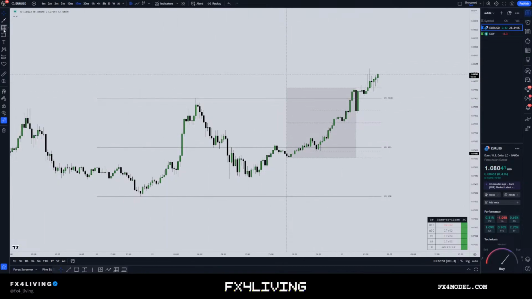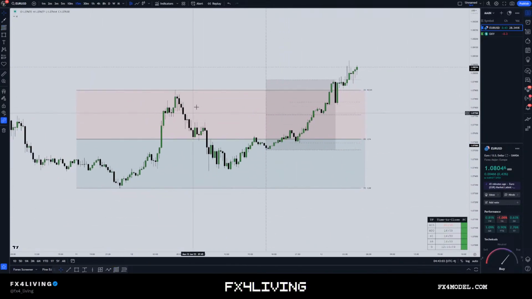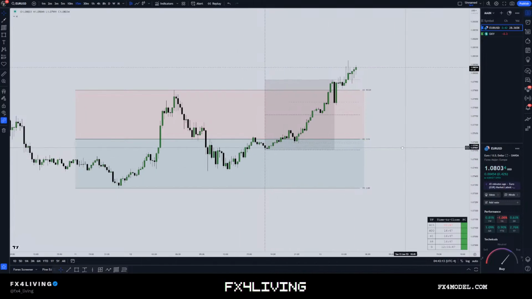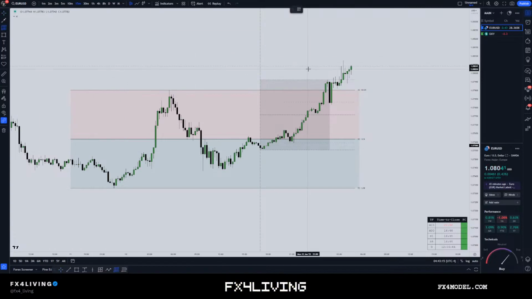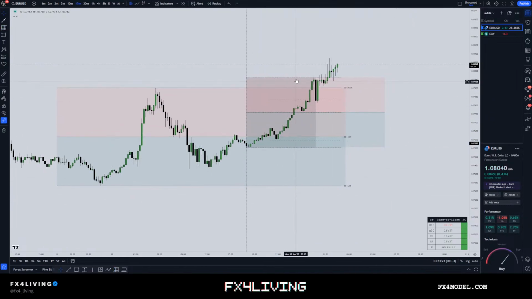So what you get from that: this is your previous daily premium zone and previous daily discount zone, right? But the second part you get is the accumulation range: premium of accumulation range into a premium of previous daily high. All that stuff combined together, you can find a better setup.